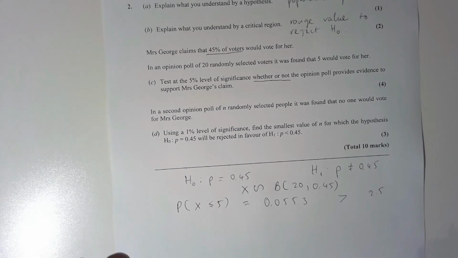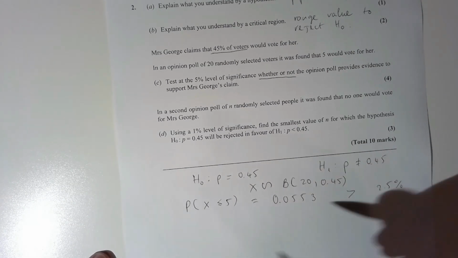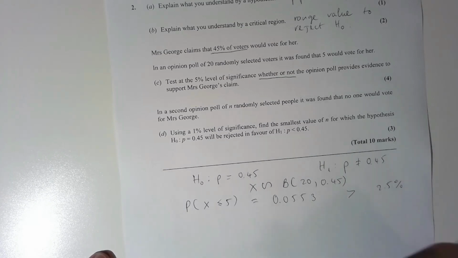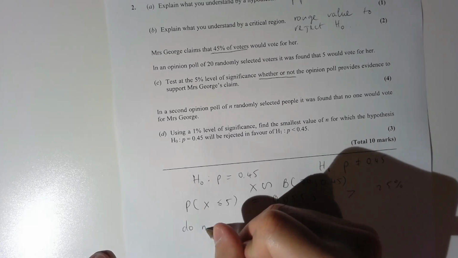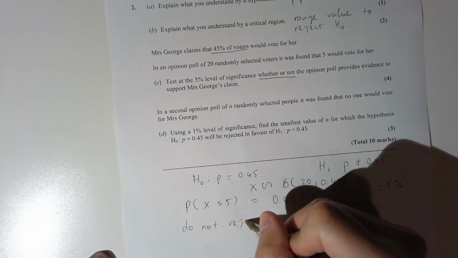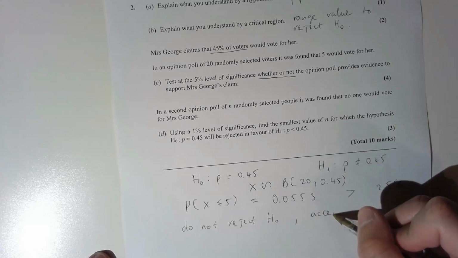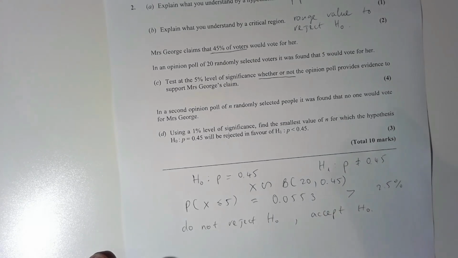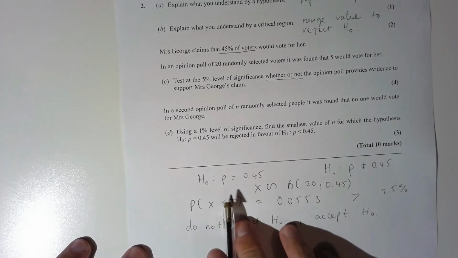That means it's not within 2.5%. So from there I can say it is outside the critical region. So therefore I do not reject H0. Then we have to accept it. Now from here you can make the conclusion.